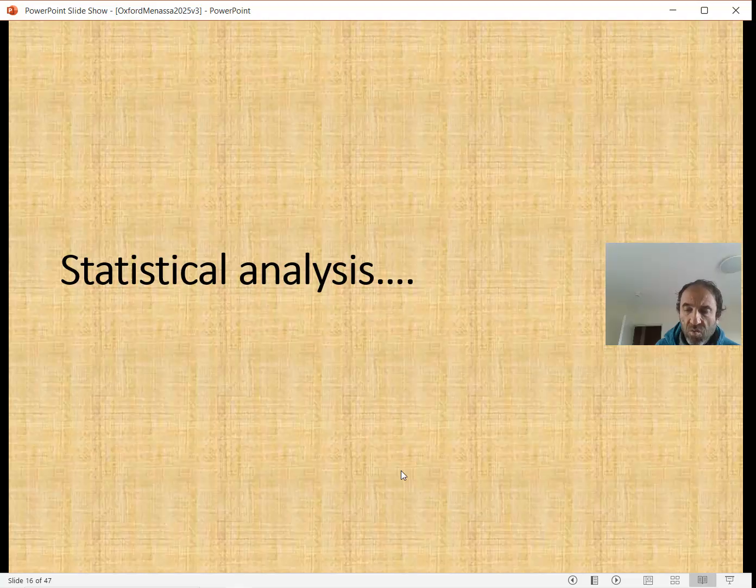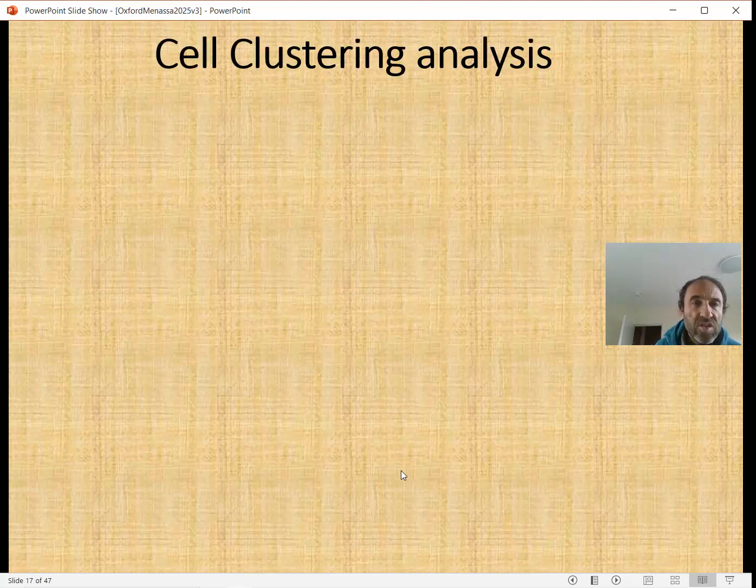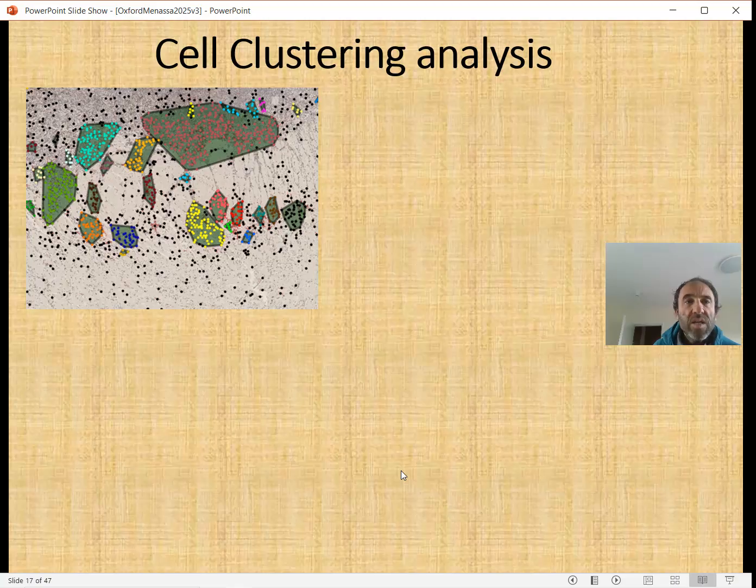So now we need to go from the general classification to the statistics. And so we started with the cluster statistics. That is, how do you group cells into clusters? Are they really forming clusters?